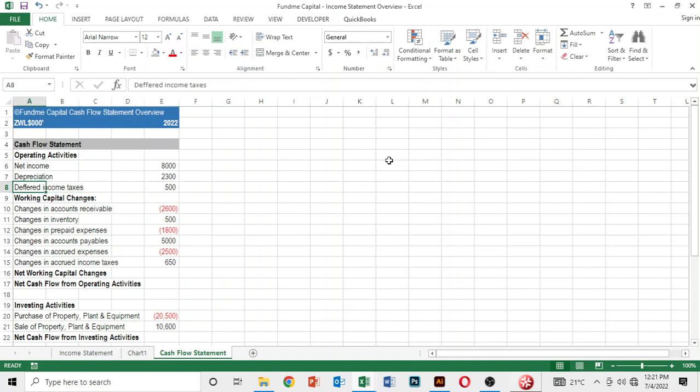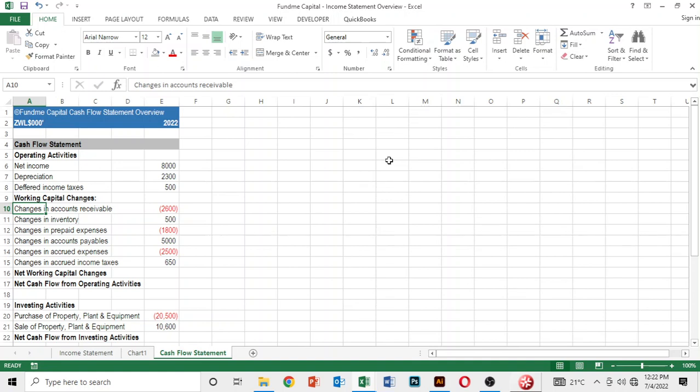So let's look at the working capital changes, right? Here it gives us an overview of how the business is using its cash, like how it is collecting its cash from receivables, how it's paying its suppliers, and all that.